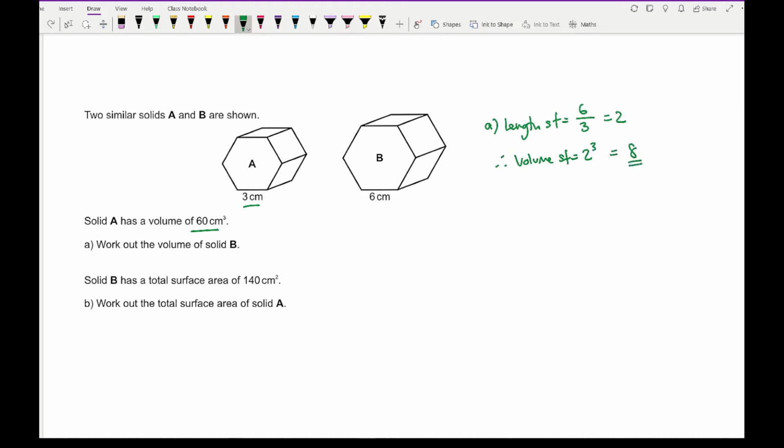Now, we're going from A to B, which is a common mistake that people can make.